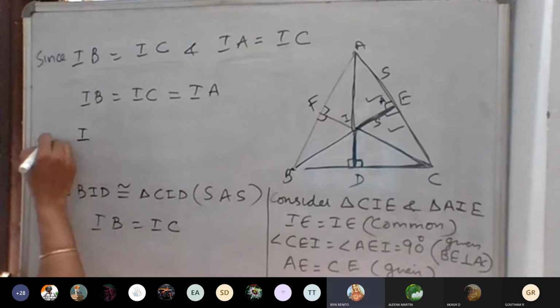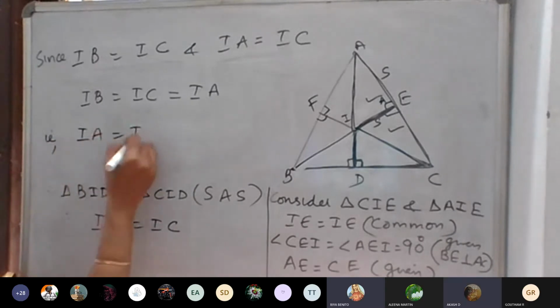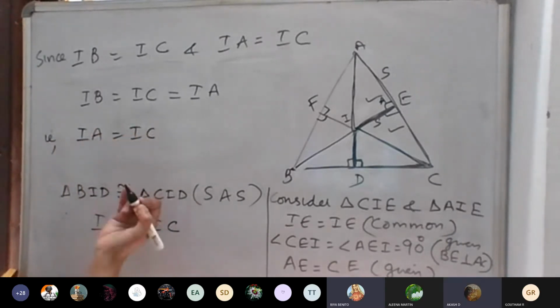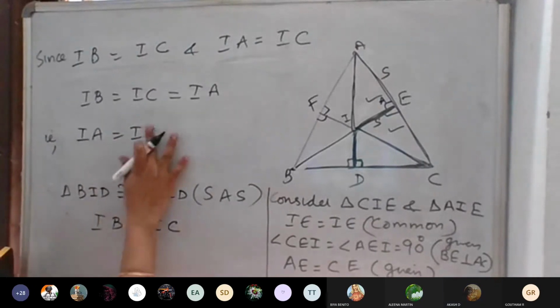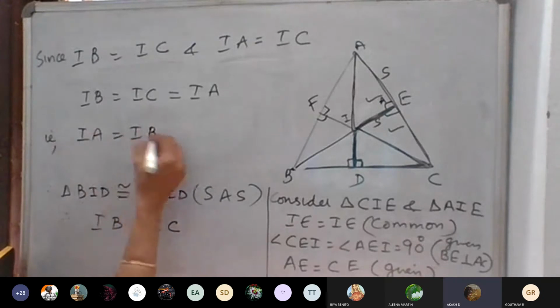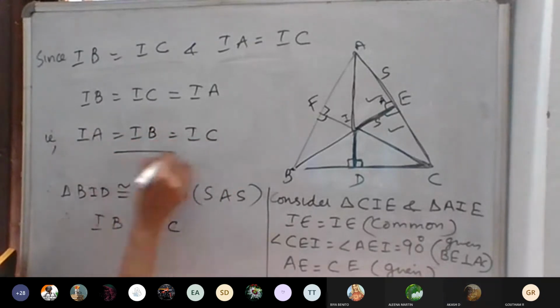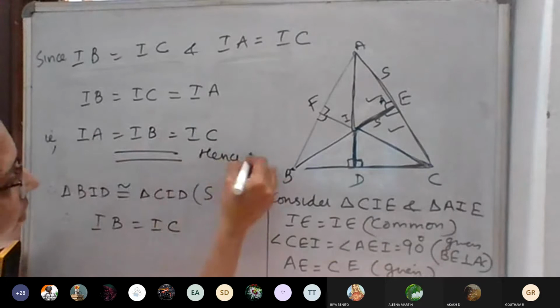What is our question? IA is equal to IB is equal to IC. Instead of IC, we can write IA, after IA, IB, equal to IC. Hence proved.